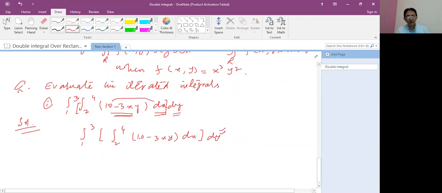When we integrate 10 minus 3y with respect to x, it is 10x minus 3 x square upon 2 of y, and applying the limit after integration, dy, with the limit of y from 1 to 3 as it is.